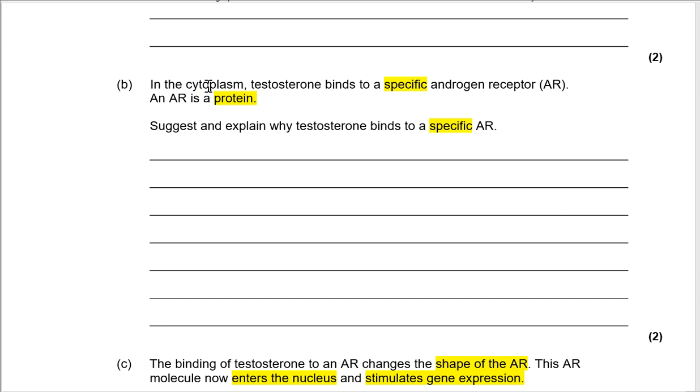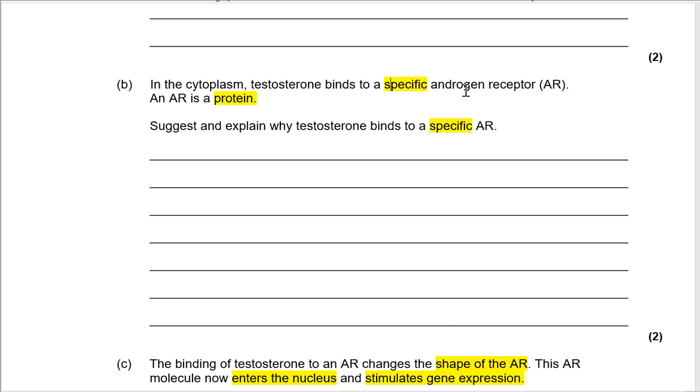The hormone has entered from outside into the cytoplasm, and it binds to a specific androgen receptor. The word specific is very, very important, because in A-level everything is mostly about shapes and having a complementary shape for each other to bind. So testosterone has a specific shape, complementary to the androgen receptor.